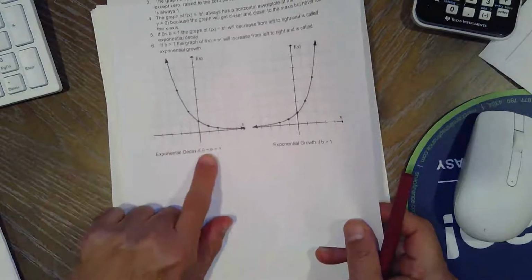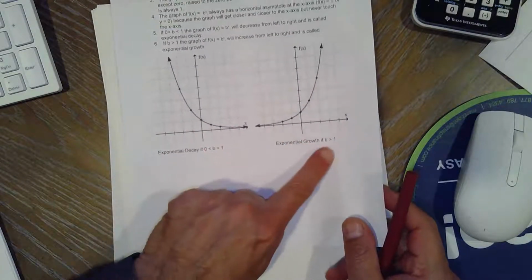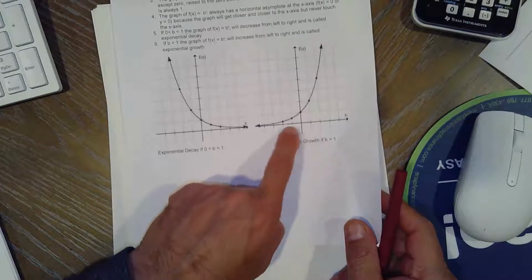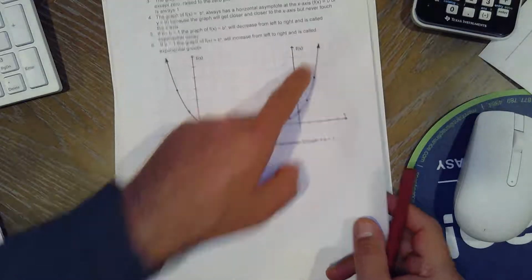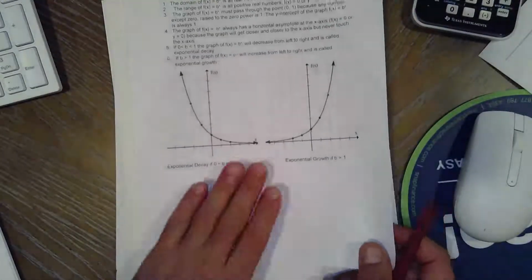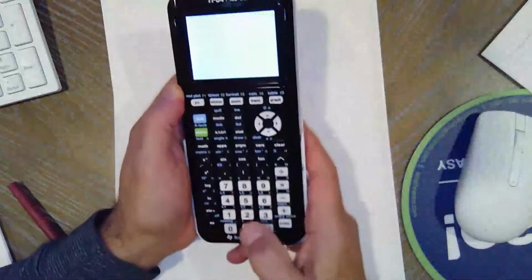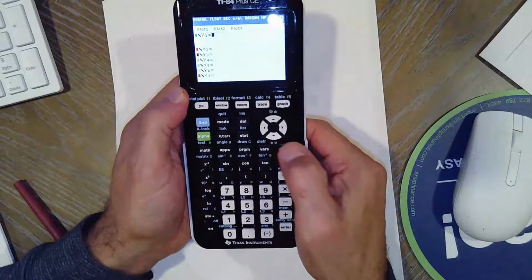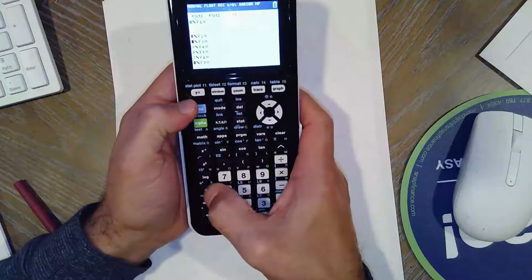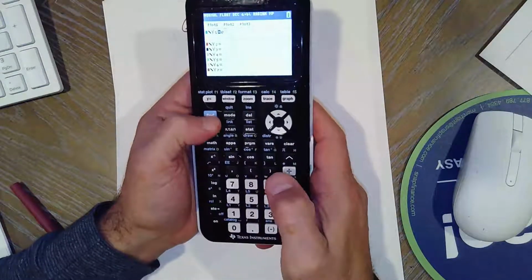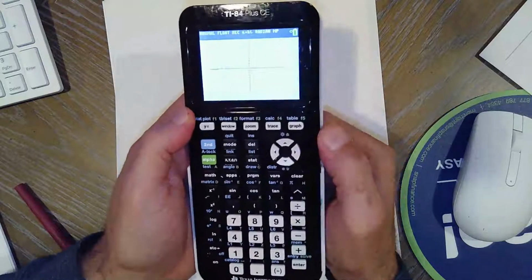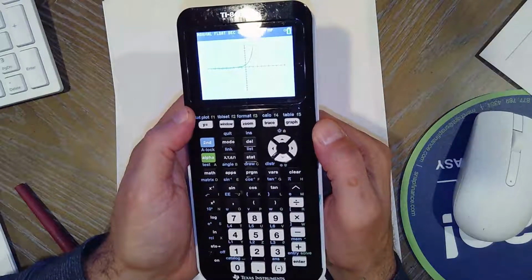Is it going to look like where the base is between 0 and 1 or greater than 1? Since e is greater than 1, the graph is going to look like this. If you make a t-chart, that's what you're going to get. If you put it in your grapher, that's what you're going to get. Look. Y equals e second ln to the power x, and then graph. Bingo, it's exactly what we thought it would be.